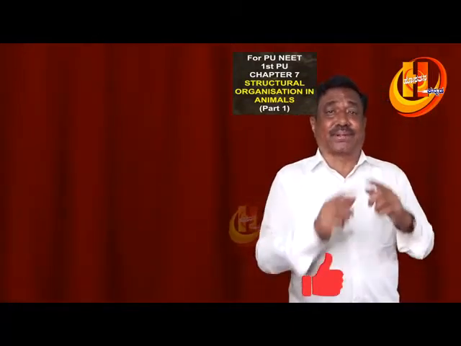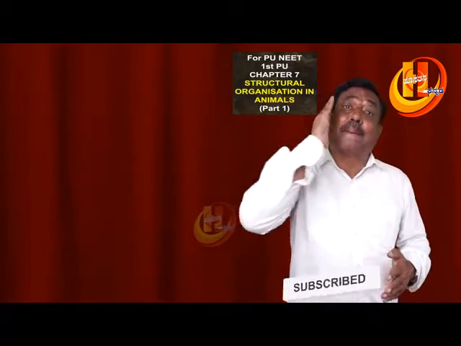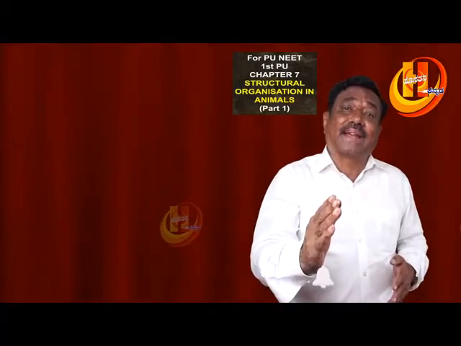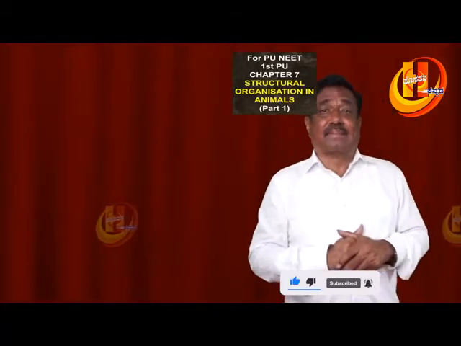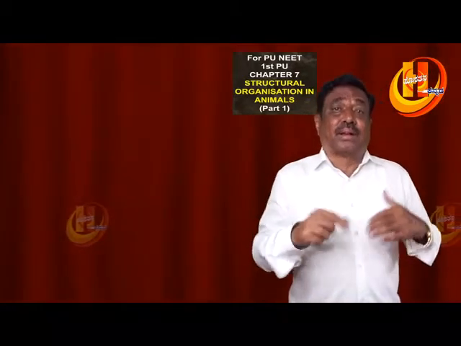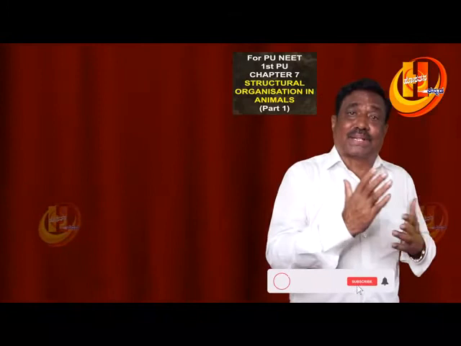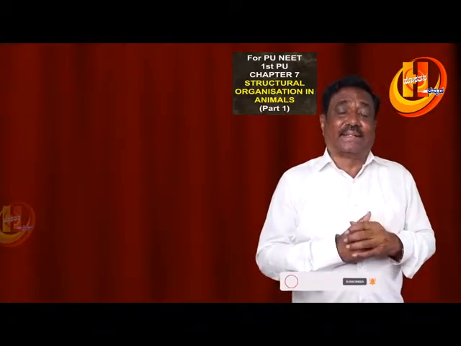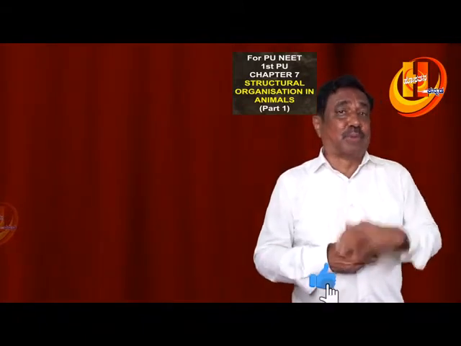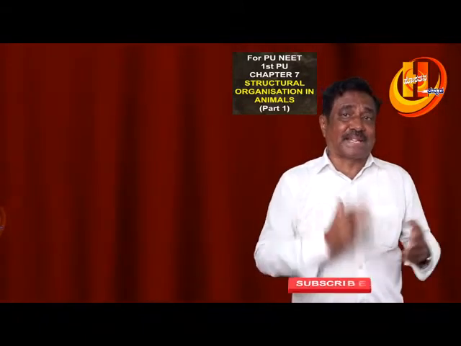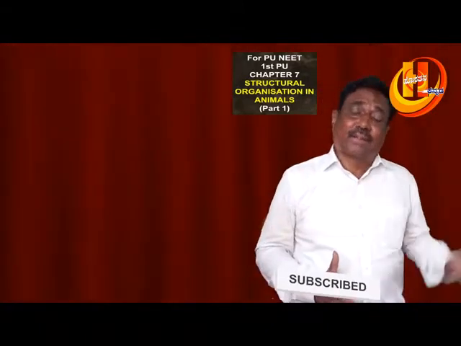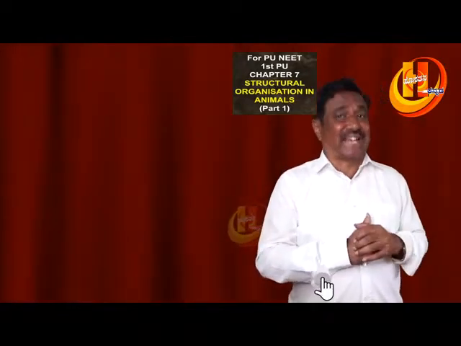Areolar connective tissue consists of intercellular matrix made up of polysaccharide. Here and there mast cells are present. Mast cells give rise to intercellular matrix. Here and there amoeboid shaped macrophages are present. Macrophages are phagocytic in nature, and two types of fibers, both yellow fibers and white fibers, are present. Yellow fibers are elastic in nature, white fibers are non-elastic in nature.